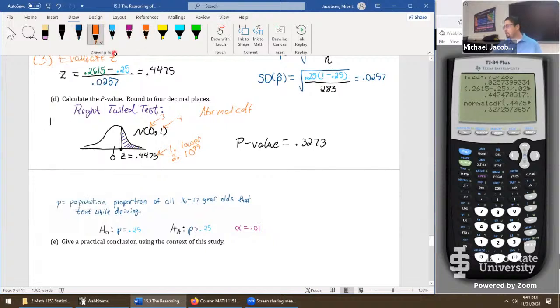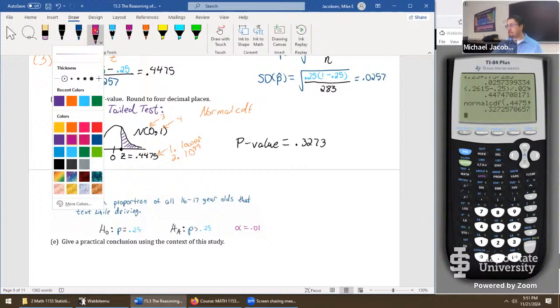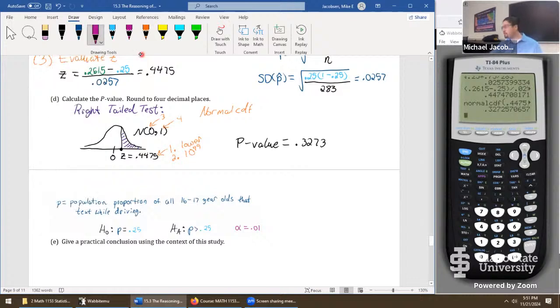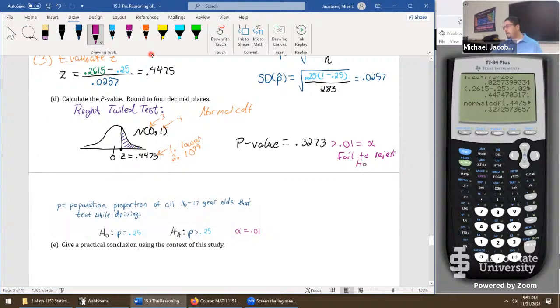That goes, this is bigger than 0.01, which is equal to alpha. Actually, let me change my color on that just to kind of tie these together. That 0.3273 is bigger than 0.01, which is equal to alpha. And this tells us we will fail to reject H naught.